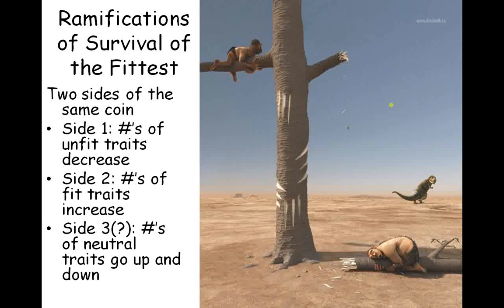Another example you might see is with the Black Plague. The Black Plague decimated populations in Europe. Those individuals that were resistant to coming down with the Black Plague or acquiring it were able to survive.